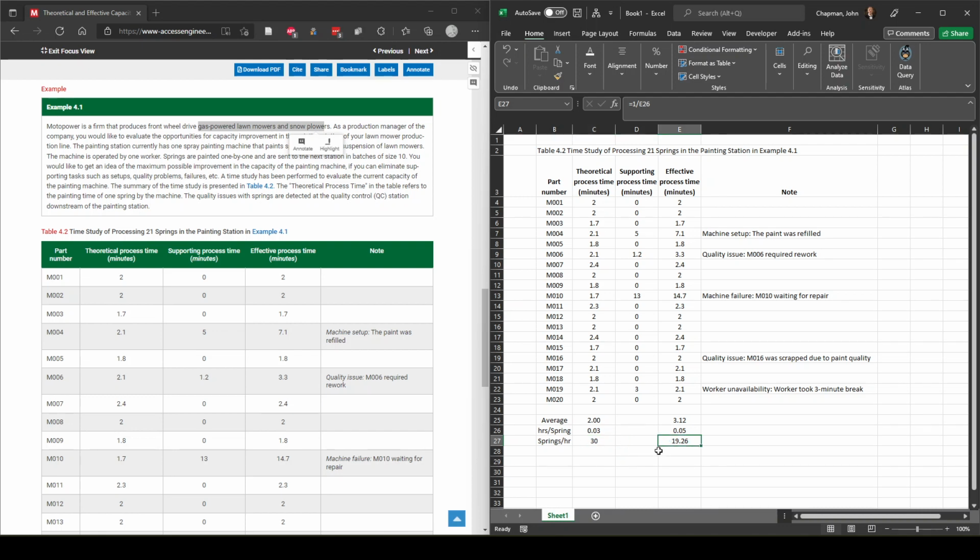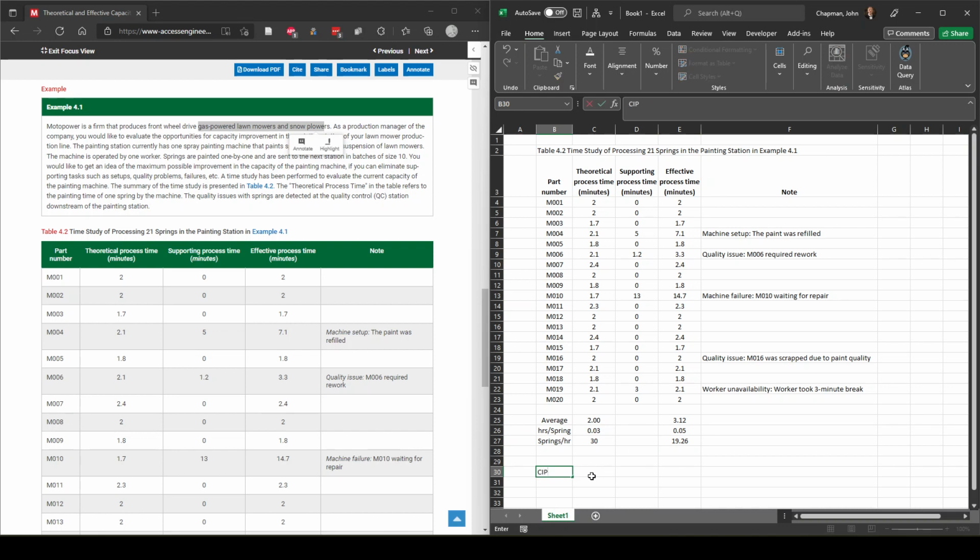However, the 19.26 takes into account the issues of refilling, of repairing, of waiting, of scrapping, of taking breaks for the resource, actually not the worker, just for the resource. That only produces 19.26 springs per hour.